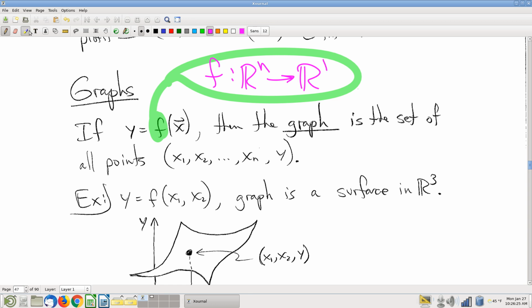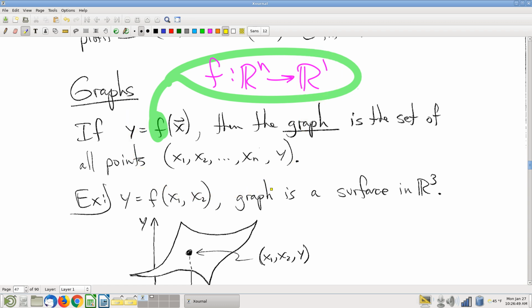You can explicitly see this input is a vector coming out of Rn, and the output, in this example, is a single variable, so the output is a value in R1. So this f is a function from Rn to R1.